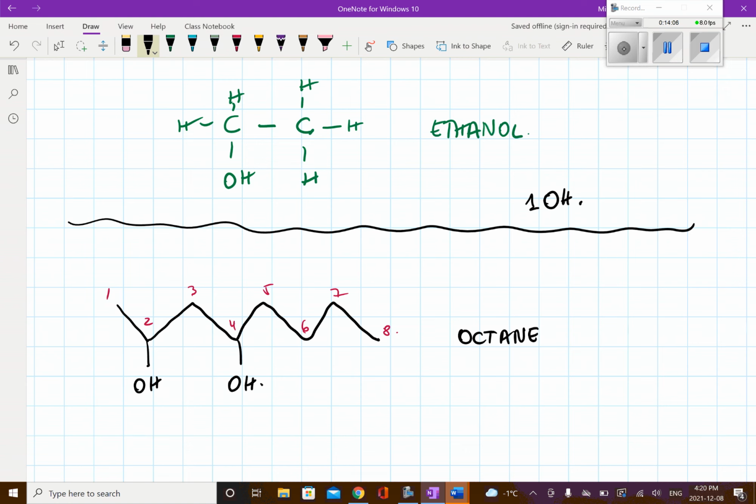We save the E because we have multiple hydroxyl groups, and then we state the location of the hydroxyl groups, so it will be 2, 4. Since we have 2, we use di to indicate that there are 2, so diol to say that we have hydroxyl groups there, or alcohol.